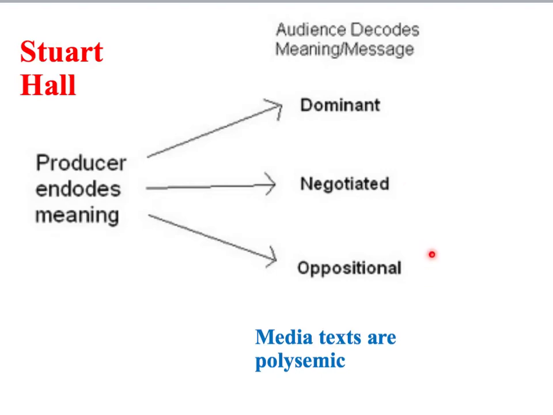Whereas an oppositional reading of a media text is where an audience member completely rejects the intended meaning of the media message. So the key idea here is that media texts are polysemic, and this simply means that they don't have a fixed meaning, that they are things that can be interpreted in a variety of different ways.